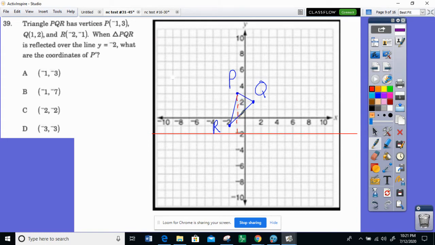That's 1, 2, 3, 4, 5 units away. So we want to start here and go 1, 2, 3, 4, 5 units onto the other side. And that gives us the point -1, comma, -7, which is why we get the answer B.